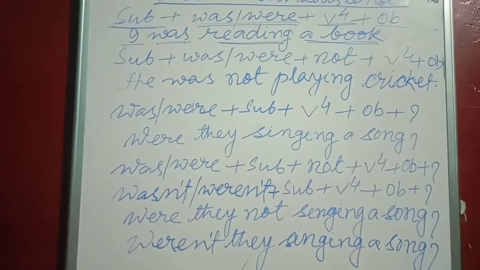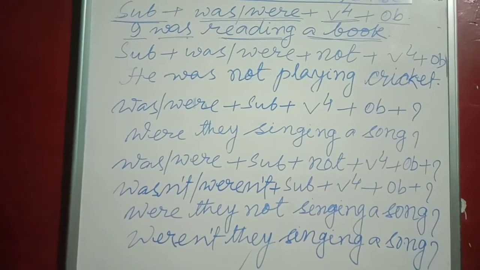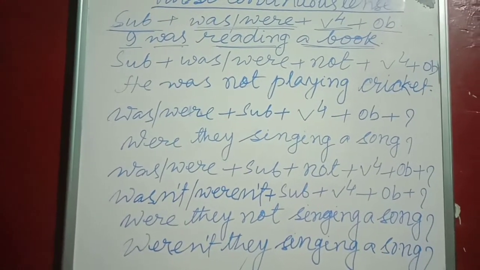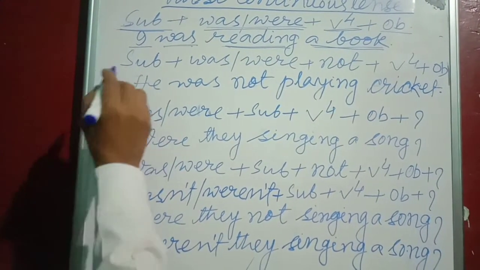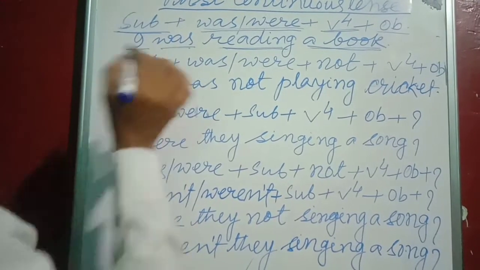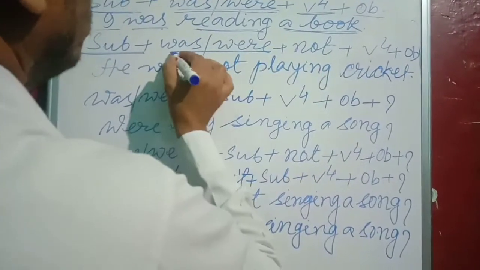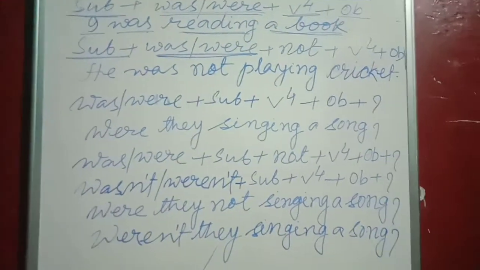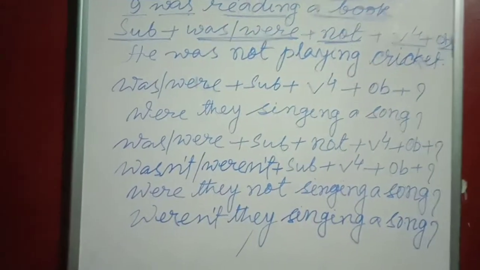So many sentences you can form. When we change it into a negative statement, it is subject plus was or were plus not plus verb 4 plus object.